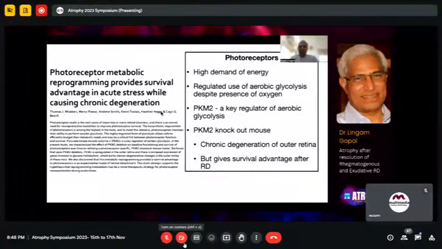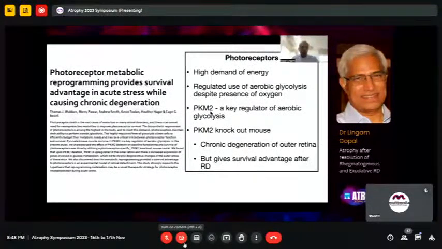An interesting experiment was done called photoreceptor metabolic reprogramming. We understand that photoreceptors have a high demand of energy. Although it's an aerobic environment, the photoreceptors can also use glycolysis instead of the oxygen environment to feed the need for energy.